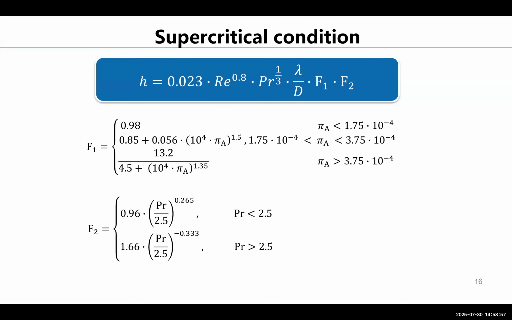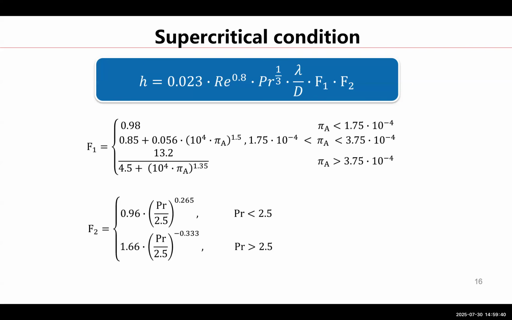Because if you have the wall temperature in your correlation, you first have to assume a wall temperature, then calculate your heat transfer coefficient, and then check if the wall temperature is correct using the heat transfer coefficient. The iteration will be repeated again and again to achieve the exact values of the heat transfer coefficient and wall temperature. And this can sometimes cause multiple solutions of the wall temperature.